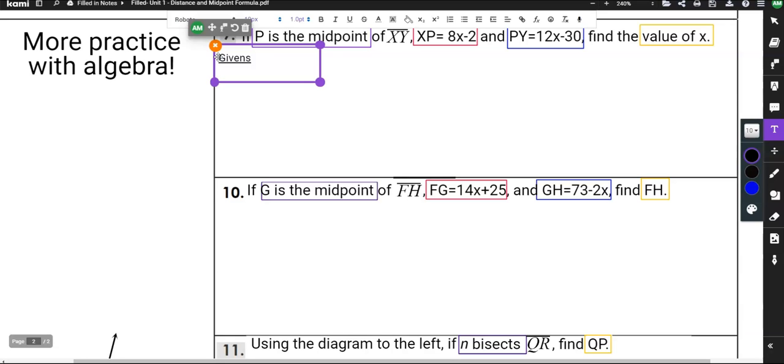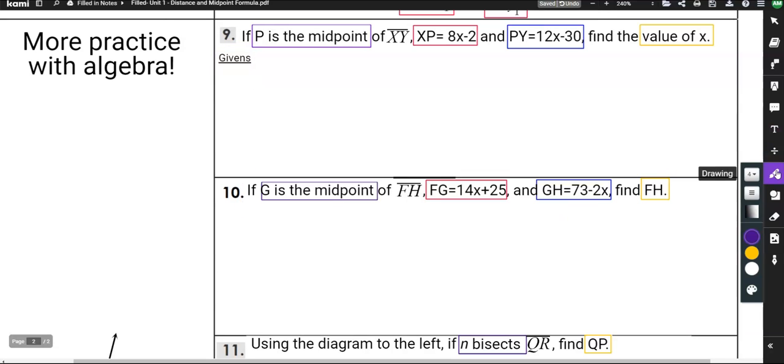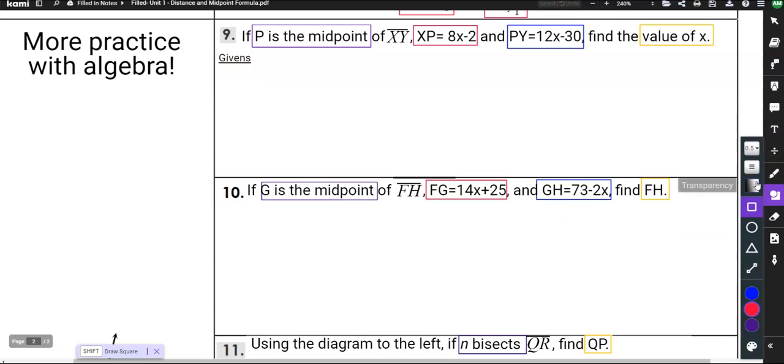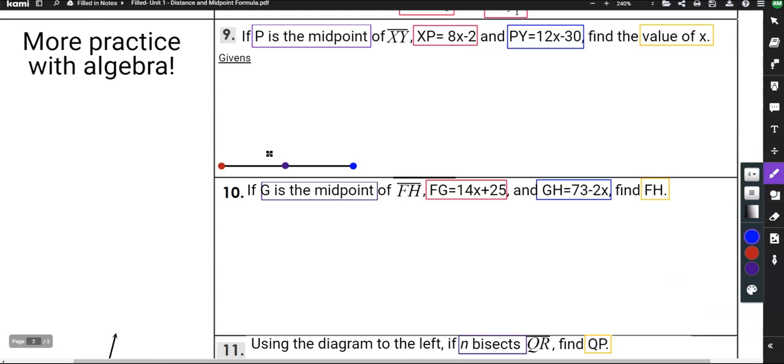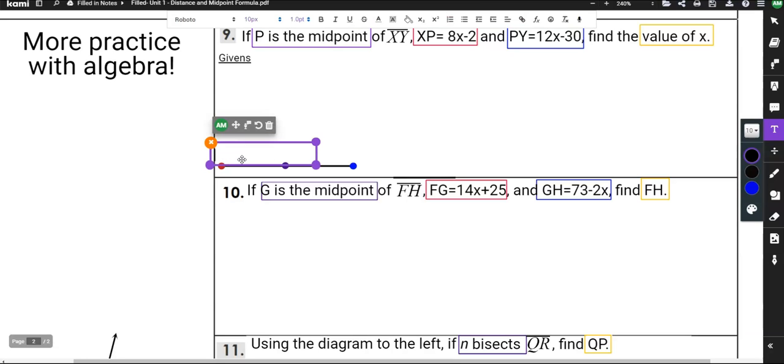So what that means is the picture, now if we draw a picture, this segment is cut exactly in half. So I've drawn a picture here. I'm going to label it with the points that I was given. And I don't necessarily have to do this on every problem, but it's a good idea to do for some of these earlier problems.